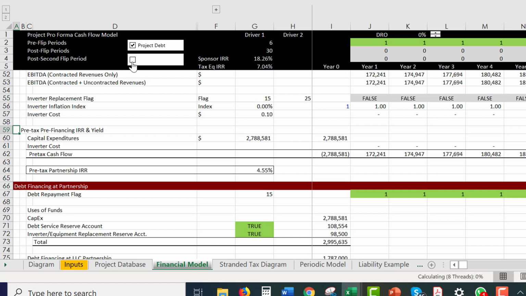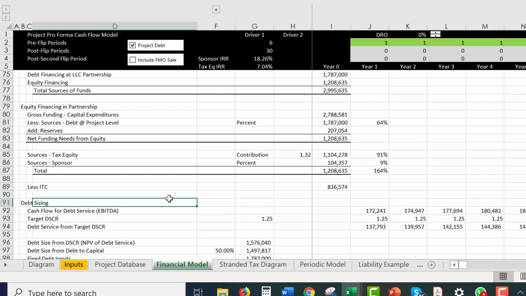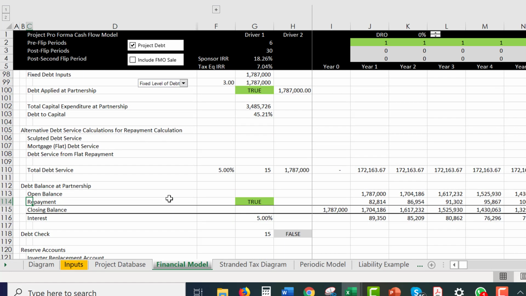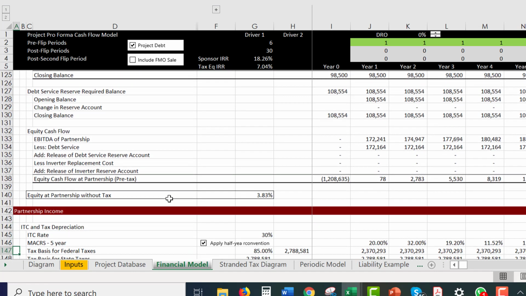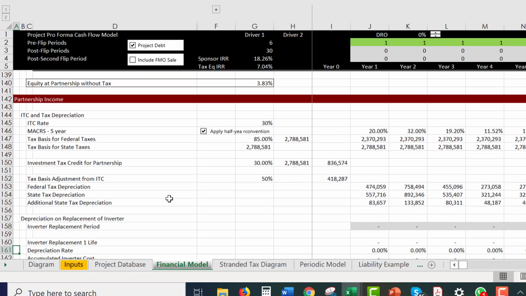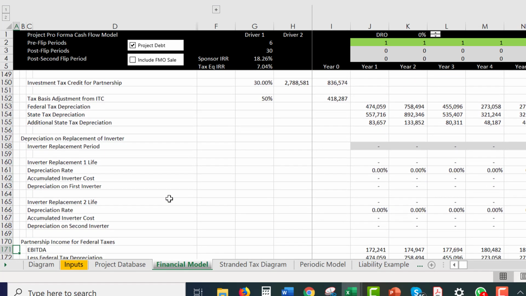You can also include a sale from one partner to the other later. And these should all be with little true and false, or ones and zeros, or yes and no's, or whatever. Then we get to the next stage, which is we get the income from the partnership, which is a big, big negative number.